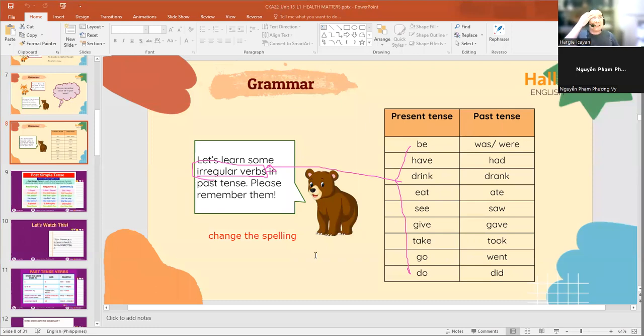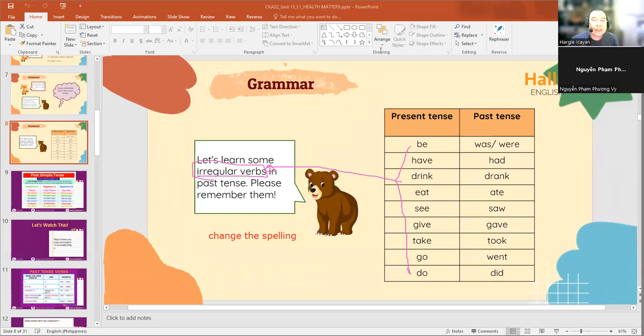Again, what's the past tense of the be verbs? We have two be verbs under the past tense. What are those? We have was and we have were.